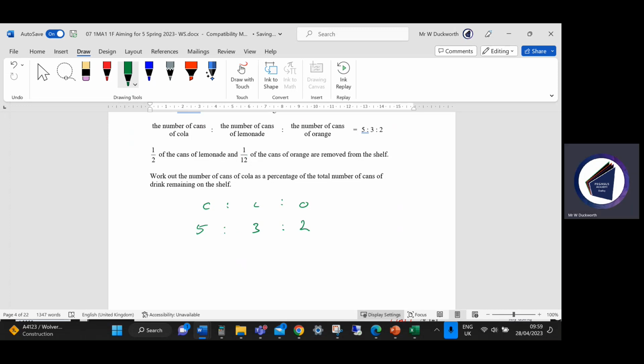What I'm going to do is, just to be a bit crafty here, convert these ratios, because I can't comfortably take 1/12 as a ratio away. What I can do is build this ratio up so that I have 12 here. I'm going to times all of them by 4, so I would have 20 to 12 to 6.